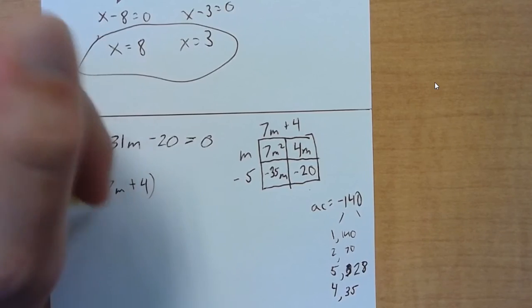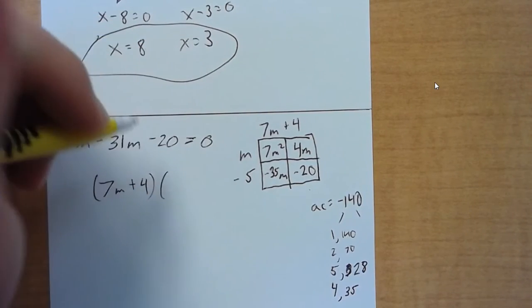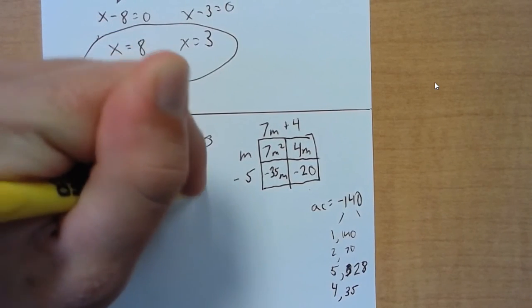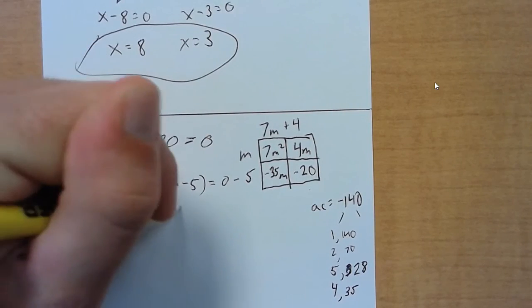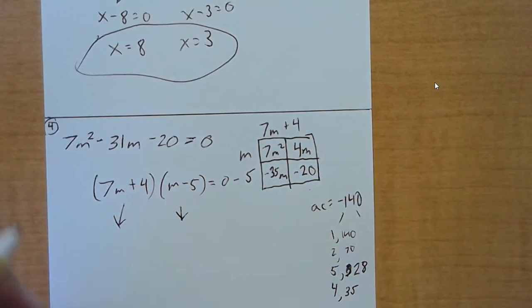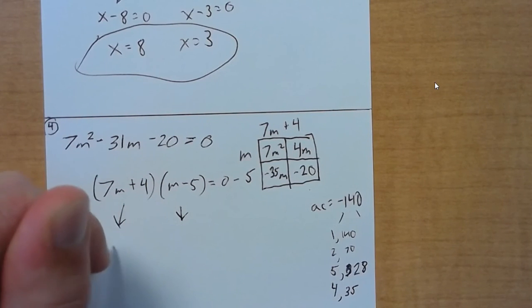So my two factors are 7m plus 4 and m minus 5. Now that they're factored, I'm going to set both of those equal to 0.